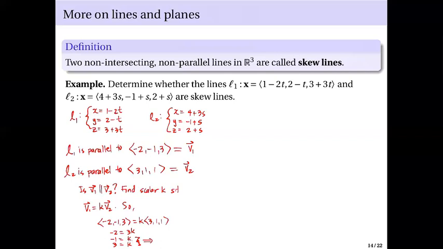So this cannot happen: K equals -1 equals 3 is not correct. So contradiction, which means V1 and V2 are not parallel, and so L1 and L2 are not parallel.